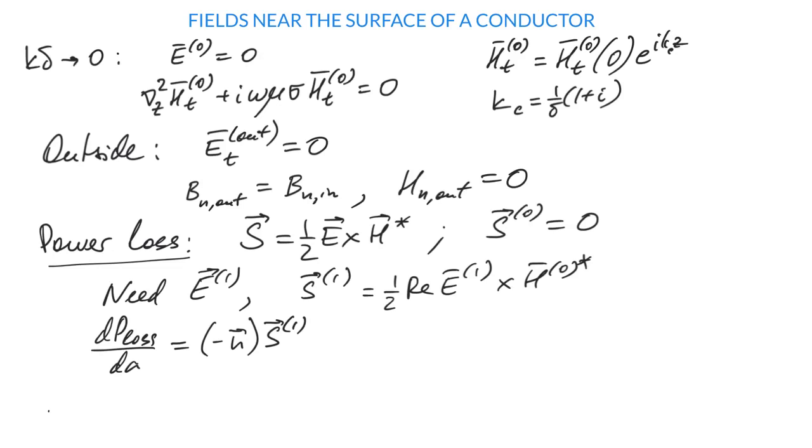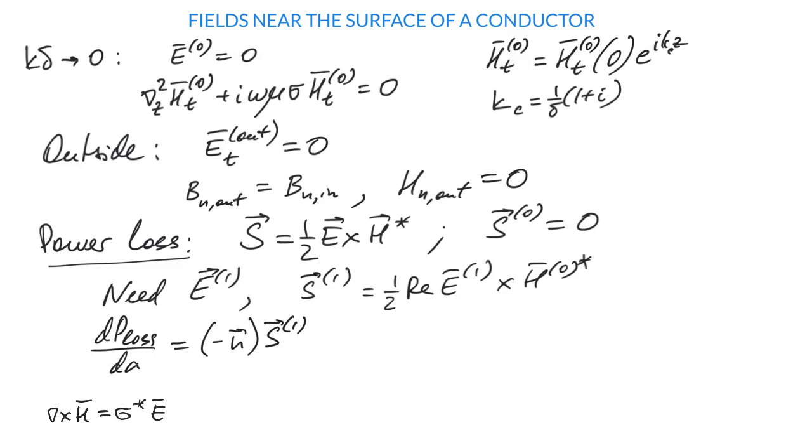So remember, we had an equation that curl of H is equal to sigma star E, where sigma star is essentially the same as sigma.